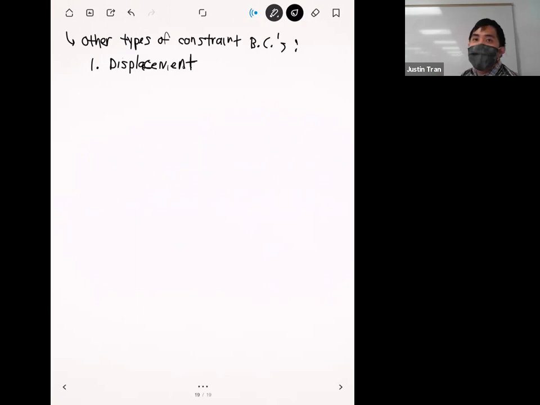But if you only want to constrain maybe the x and y components of displacement here, then you can apply a displacement type of constraint, where two of my displacement components will be 0, but the other one will be free. Okay, so that's another common one. And again, for thermal simulations, the constraint type boundary condition will be temperature, right? And so when you specify that the temperature of a certain object or certain surface on your model is a specified temperature, that's placing a constraint on the temperature.